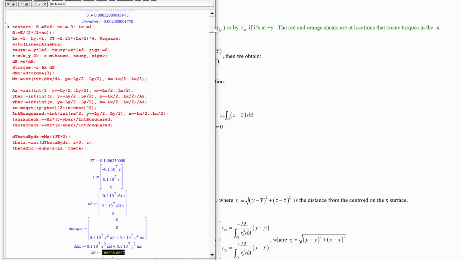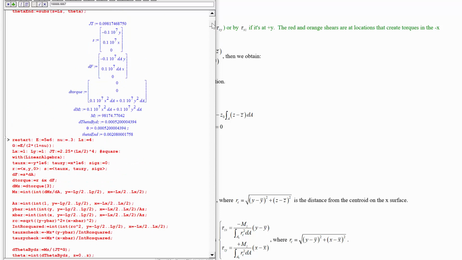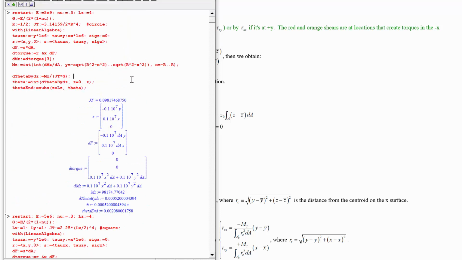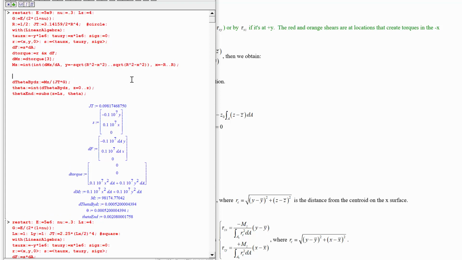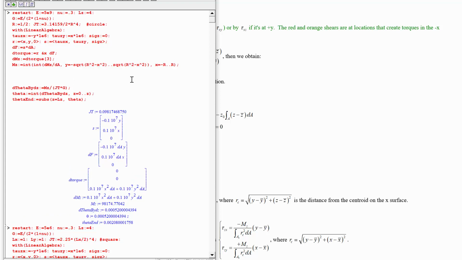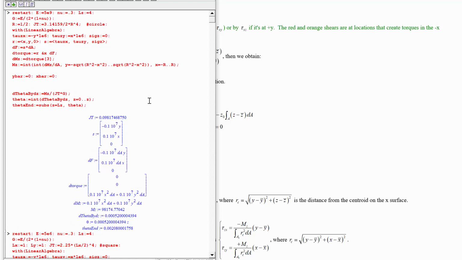Can we try it for the circle section? This one's a little more complicated because the area is a little more complicated, but it should also work for this. So how are we going to do it? We're going to say that y bar and x bar, again, we know that those are just going to be 0. So let's just save some time and not bother to calculate that.